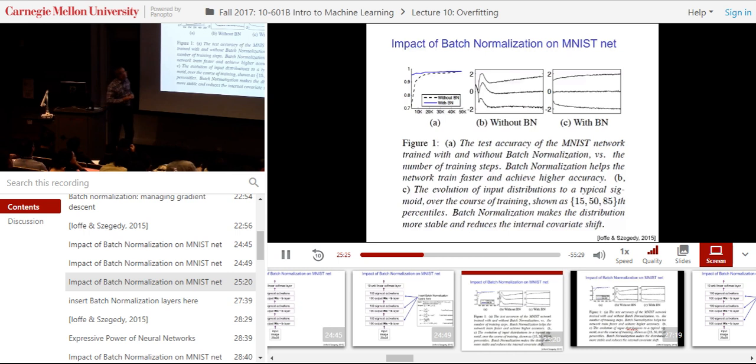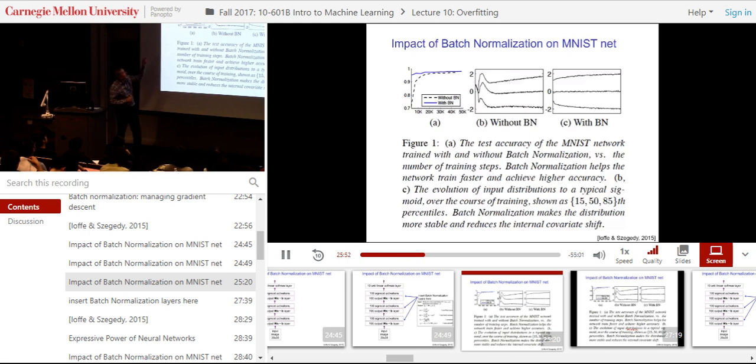And then here's what they found. Here's a plot of the accuracy for classifying the digits between 0 and 9 as a function of the number of gradient descent steps, the number of training iterations. The blue curve is when they introduce the batch normalization, and the dashed curve is the original network.